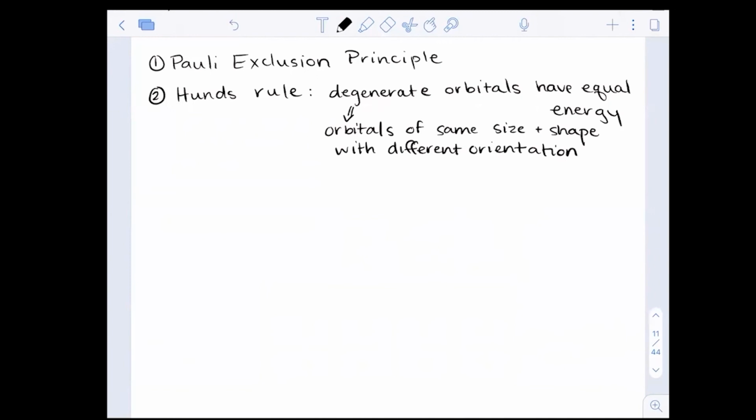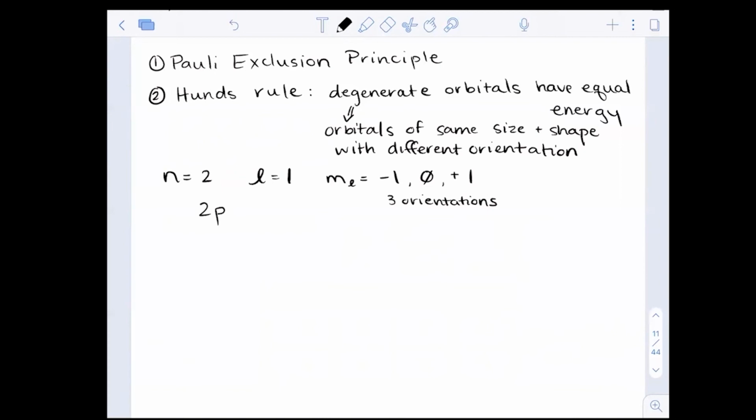So when we look at something like n equals 2 and l equals 1, this was the 2p orbital. ml, though, is -1, 0, and +1. There were 3 orientations, and if we remember, they were the x, the y, and the z.